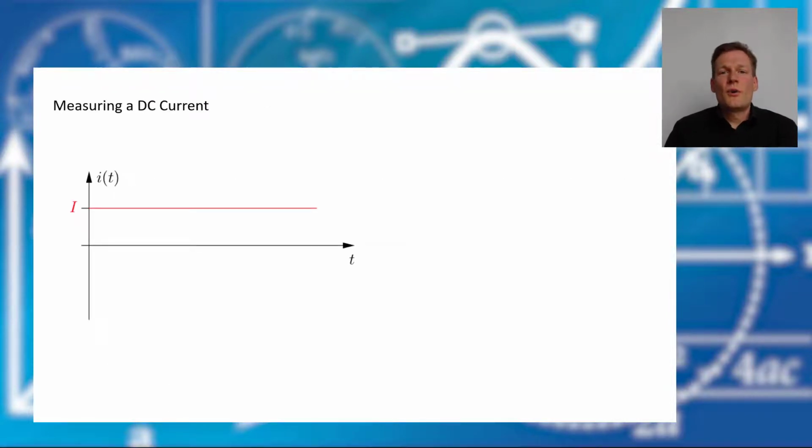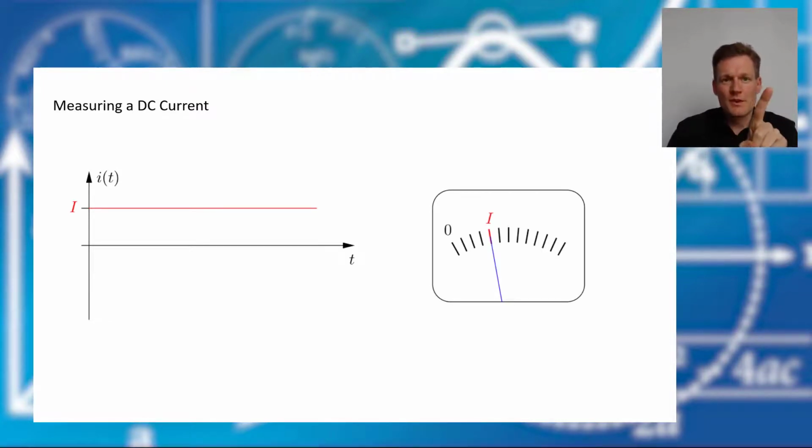Okay, how will a pointer device react when we have a constant current flowing through it? It's quite easy. This is exactly what I just said. We will have a position of our pointer where the force of the magnetic fields and the counterforce of the spring are in balance.